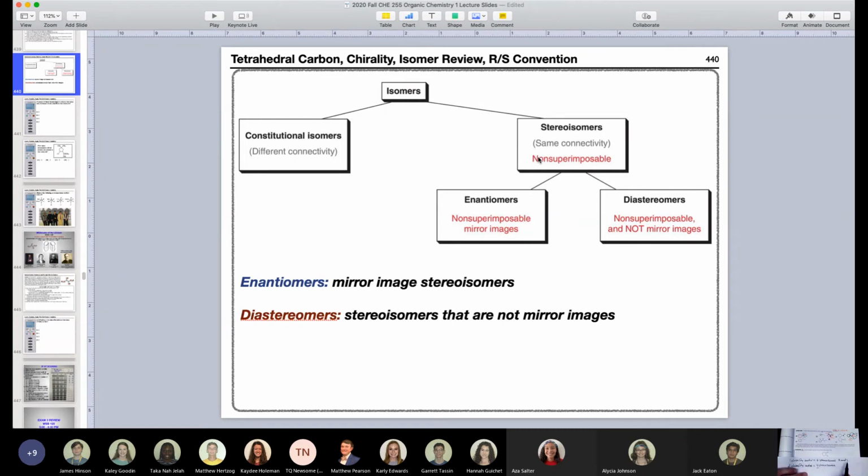Now what I want you to do in the chat is indicate to me what are all the possible CIP designations for these 4 stereoisomers. Cahn, Ingold, Prelog, CIP. For the 4 stereoisomers, what are the possible CIP designations for those 4 stereoisomers?